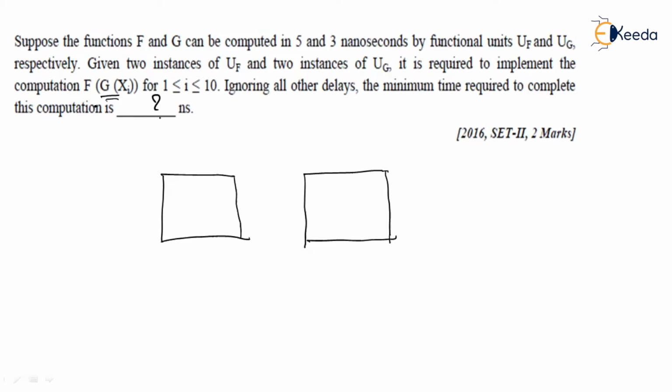For this, we do have two separate functional units. Let us say this is g unit and this is f unit, which take 3 nanoseconds and 5 nanoseconds respectively. So g takes 3 nanoseconds, f takes 5 nanoseconds.